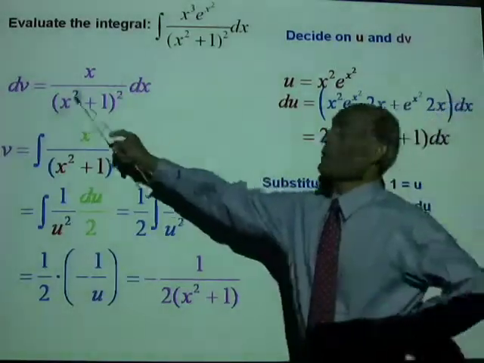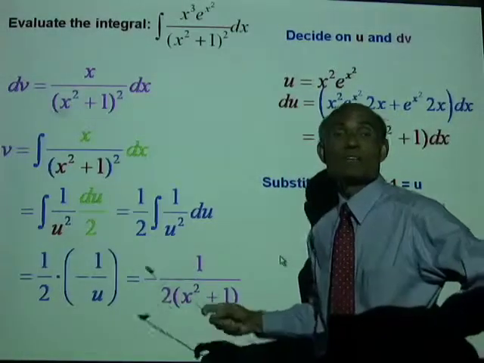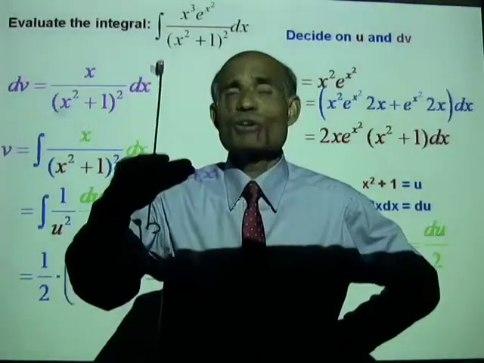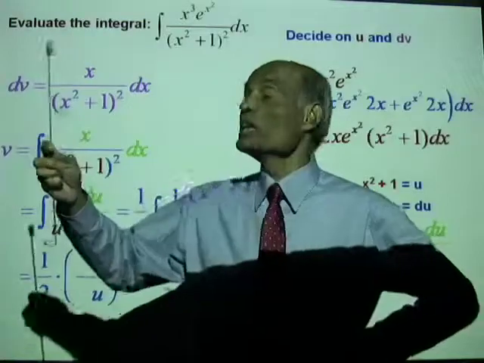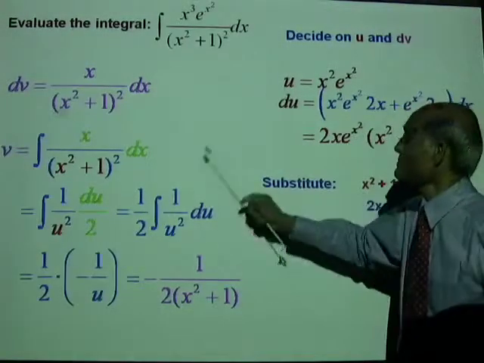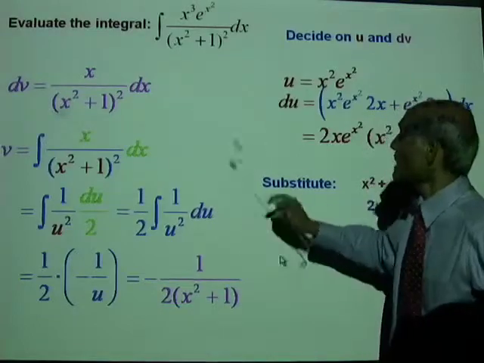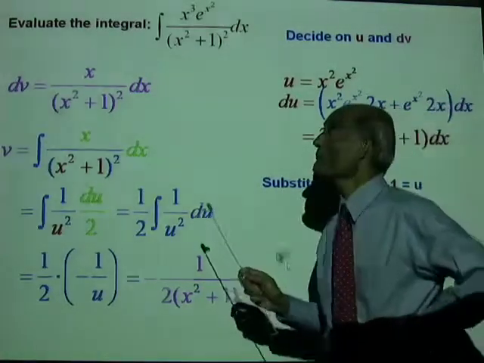We have our dv, and now we have our v. So we go and use the formula. What's the formula for the integral of u dv? It'll be u times v, uv, minus the integral of v du. That's what we are going for.